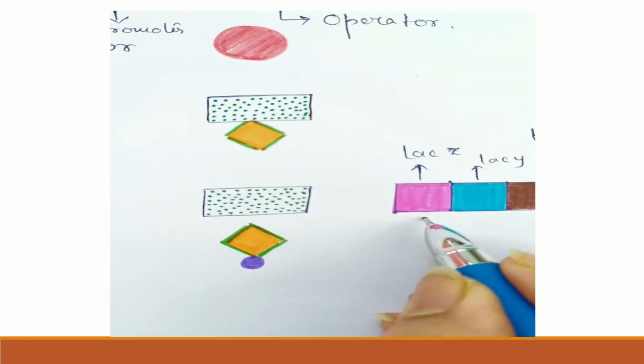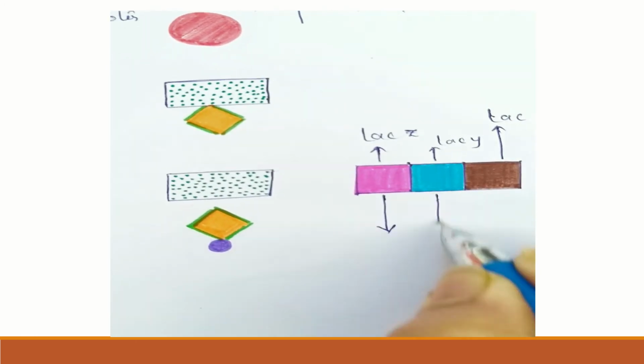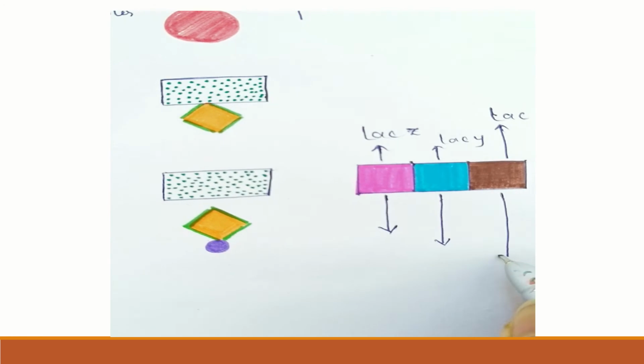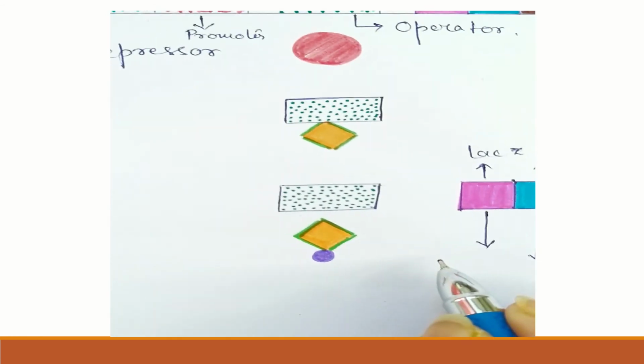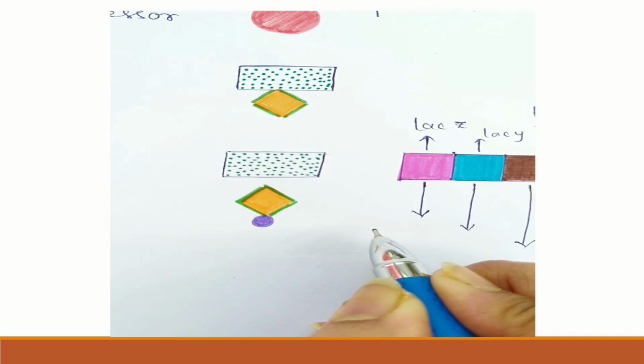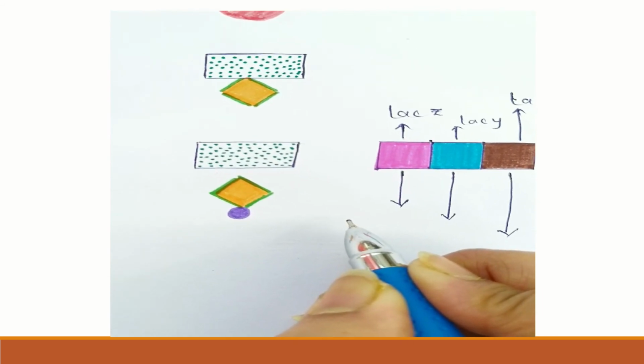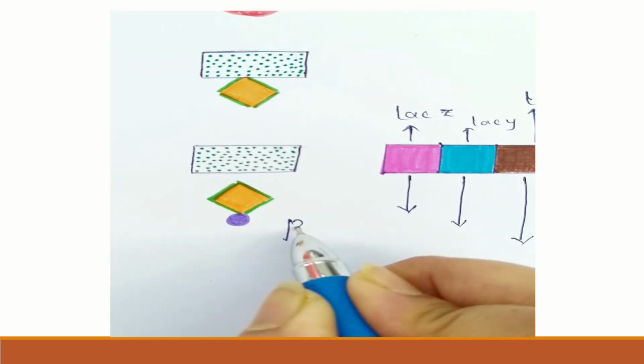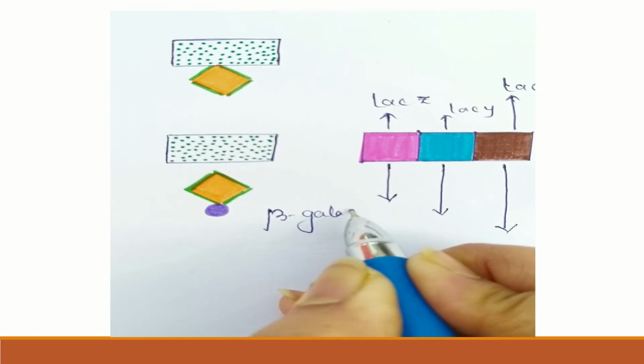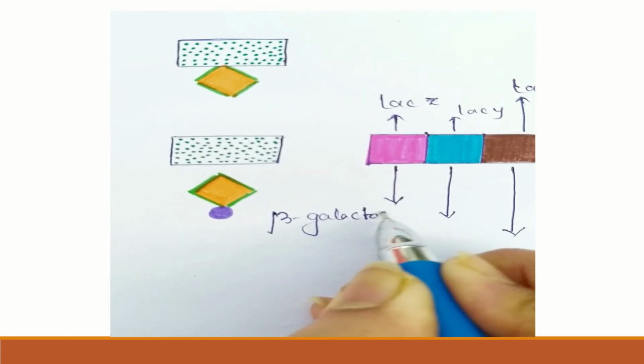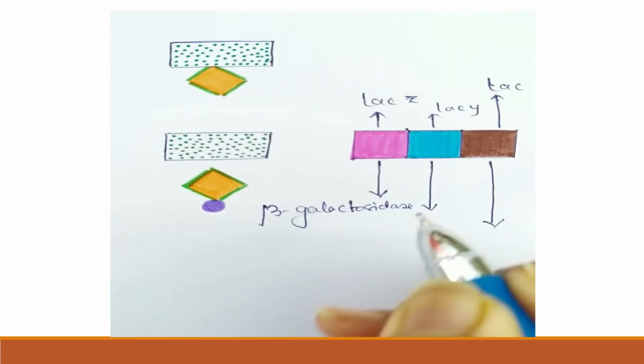Now let's see what are these three genes coding for. These three genes will make three different enzymes. LAC-Z will make beta galactosidase. What will this do?